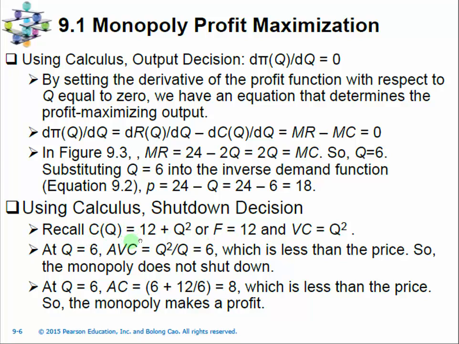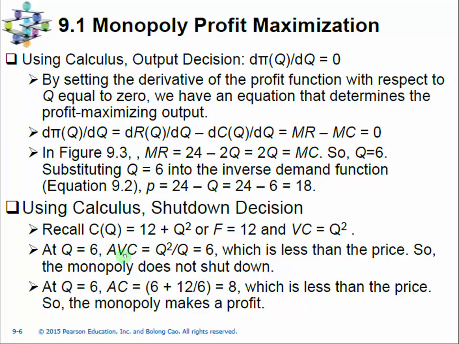In this cost function, the fixed cost is 12 because it doesn't depend on the output quantity. The variable cost is Q squared because it will increase as the output quantity increases.